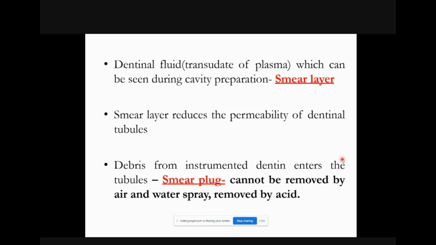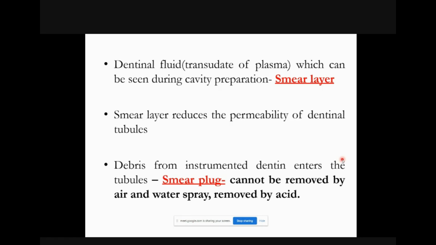This forms what is called a smear layer. This smear layer reduces the permeability of dentinal tubules as well, because it's like a protective mechanism, you can say. It tries to seal the dentinal tubules, and a kind of plug is formed with the smear layer as well as the debris created from the instrumented dentin, meaning you're using a handpiece with a burr, the instrument used to cut. When you're cutting something, some amount of powdery debris is created.